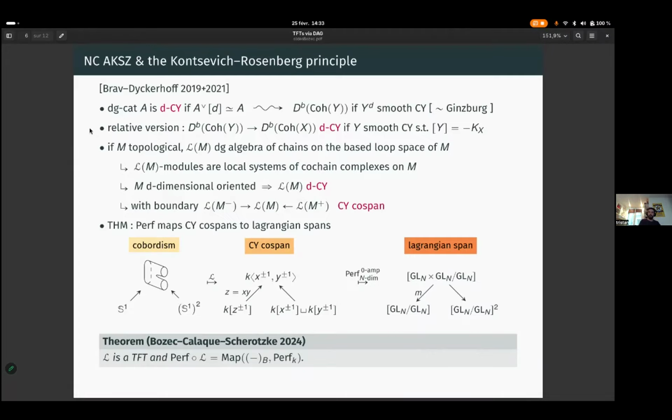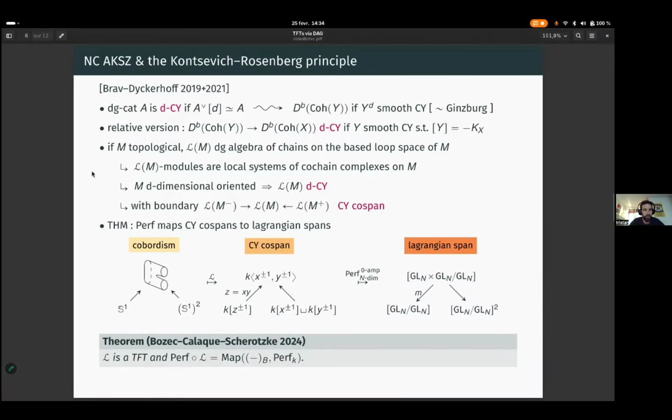A bit like earlier, I consider Y as a smooth Calabi-Yau divisor, which is anti-canonical in some ambient smooth variety X. Then the push forward on derived categories gives actually something which is relative Calabi-Yau.